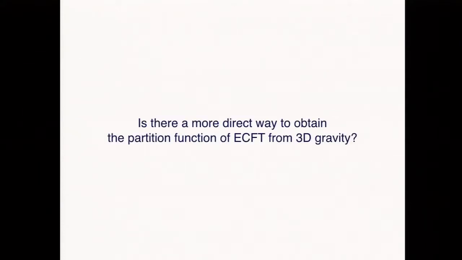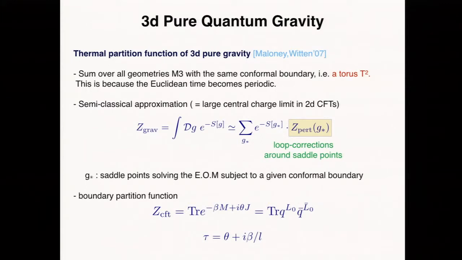So before one asks whether the whole theory is consistent, one could ask whether one can get the partition function of the extremal CFT directly from 3D gravity. As a theory, 3D pure gravity is very simple. One wants to calculate the thermal partition function using path integrals, for example. So one can define the gravitational partition function as the integration over metrics with the Euclidean action.